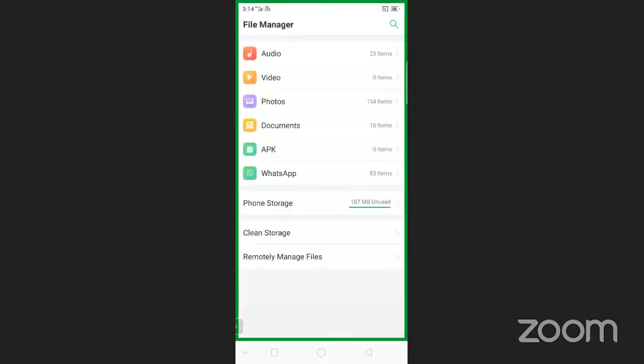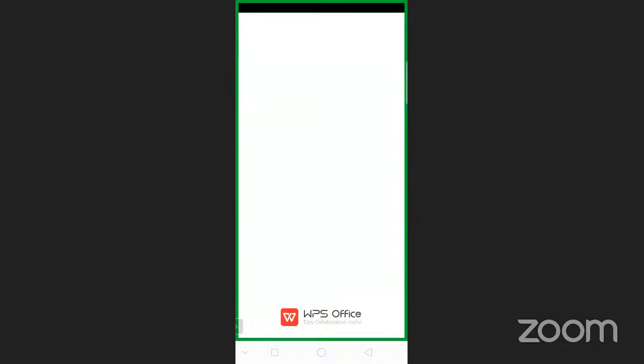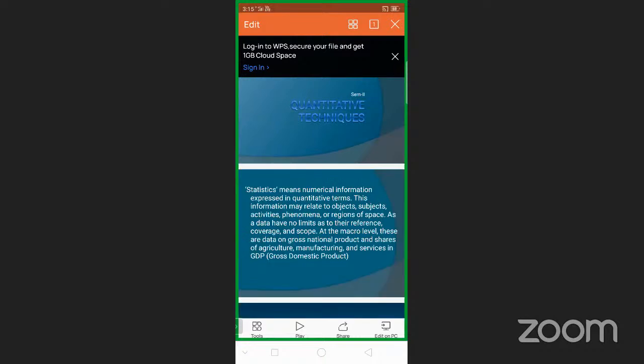Yeah, your mobile screen is visible. I think the app is blocking the share screen. Yes, the slides are visible.